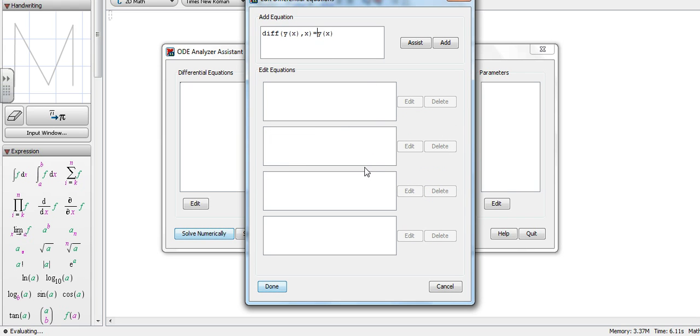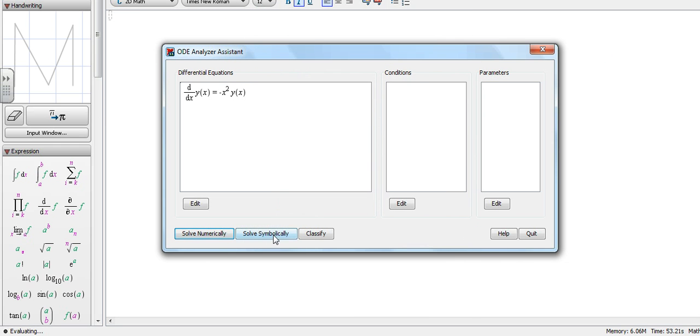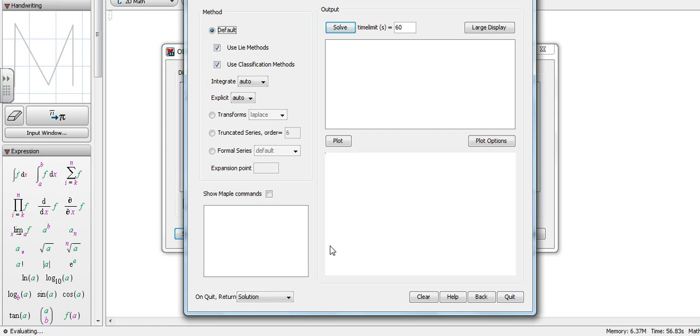I have an equal sign, minus x squared times, I'm going to add it, and now I see that it's the same equation that the book has. Isn't that convenient?